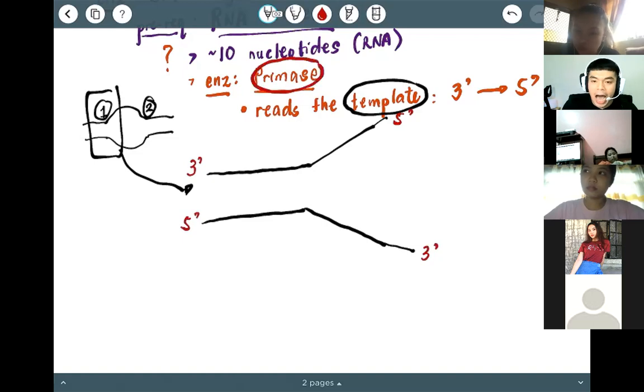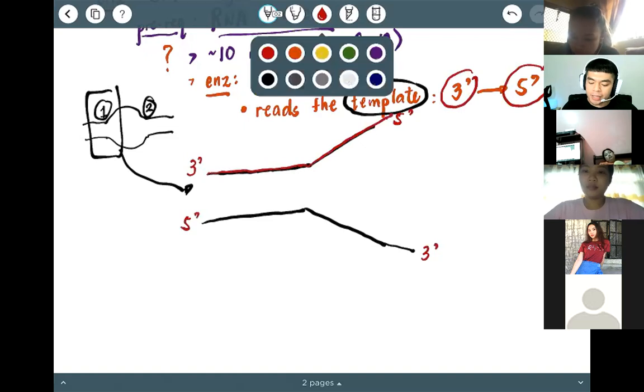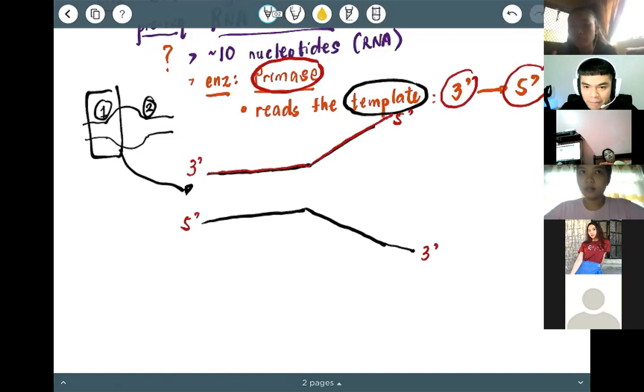Sabi natin, ang babasahin niyang strand ay mula sa ikatlo hanggang ikalimang prime. So tingin tayo sa unang strand sa taas, yung 3' to 5'. I have a question. Kapag 3' to 5' magbasa ang primase, paano ang galaw ng primase? Is it away from the replication fork or towards the replication fork?